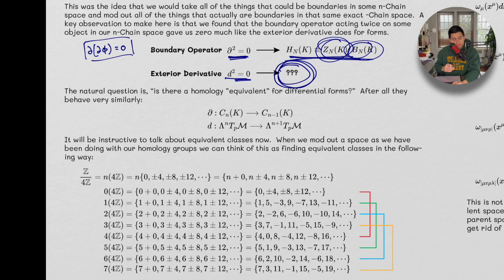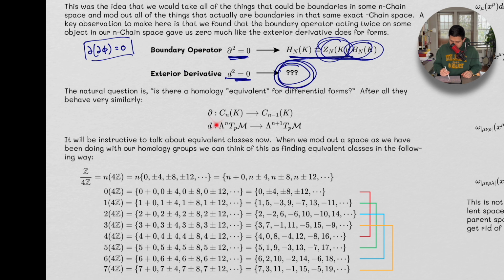After all, they behave very similarly when we look at the similarities between the boundary operator and the exterior derivative. Okay, so we can see this mathematically. Our boundary operator takes us from our space C_n to our space C_(n-1), so we're going one dimension lower.